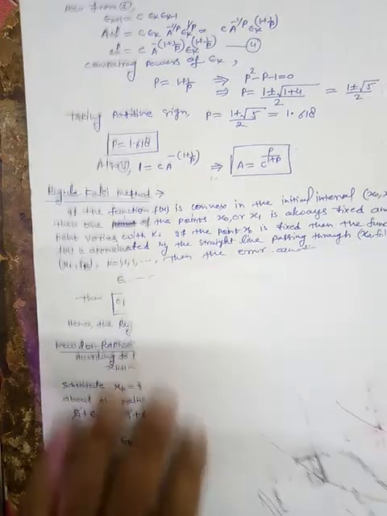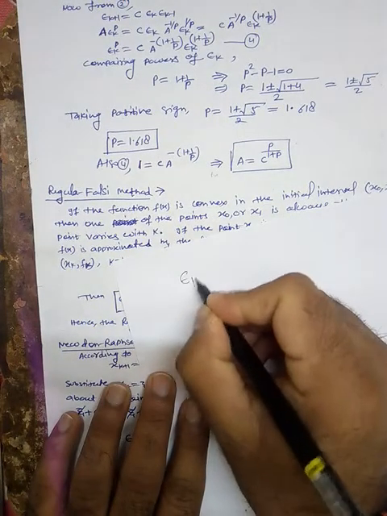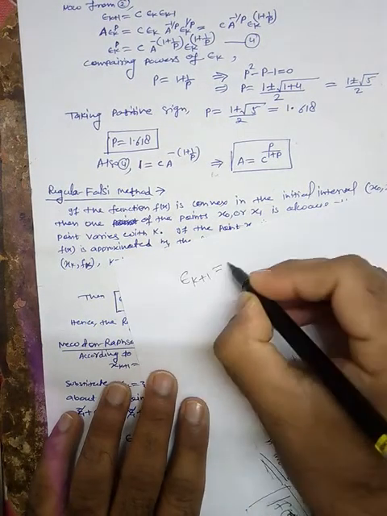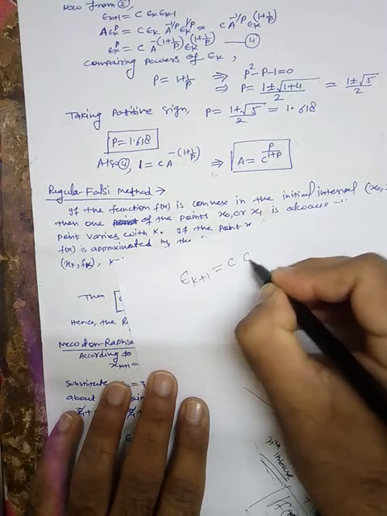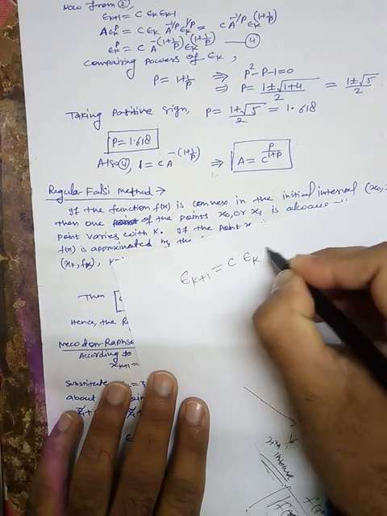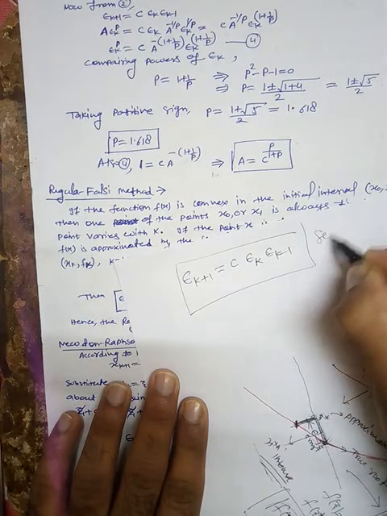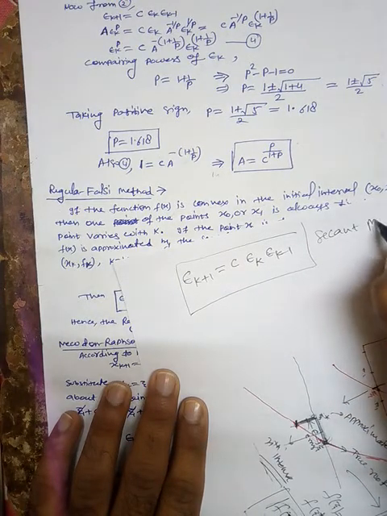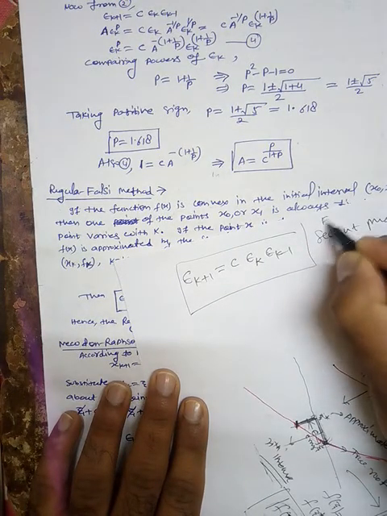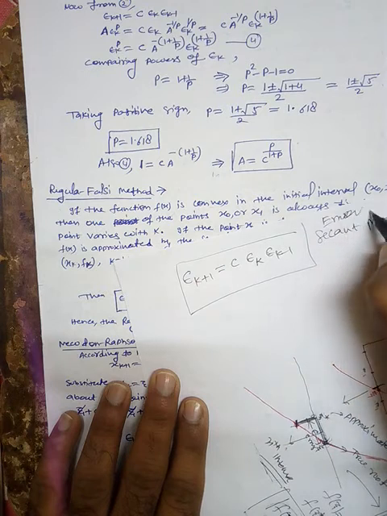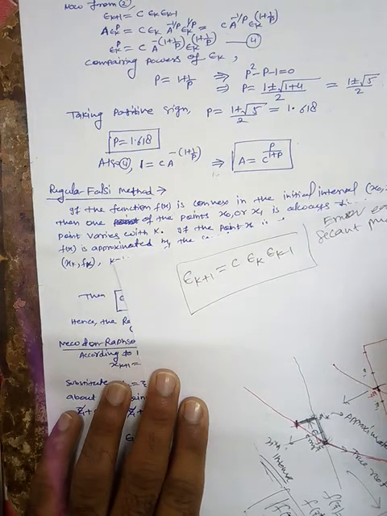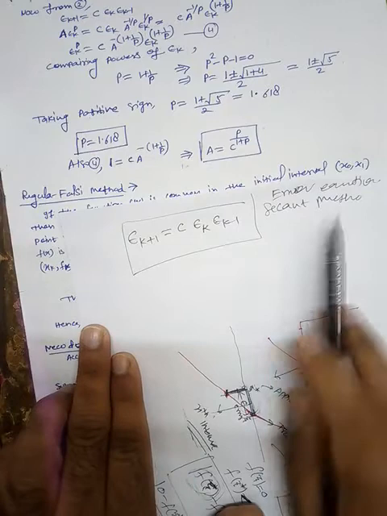So here the error epsilon k plus 1 is equal to C epsilon k epsilon k minus 1. This is the formula from the secant method, the error equation for the secant method.